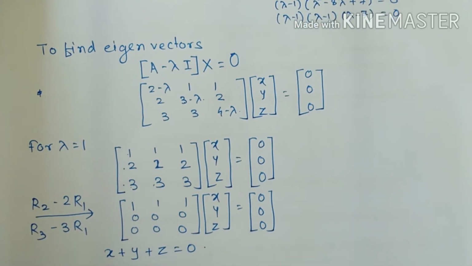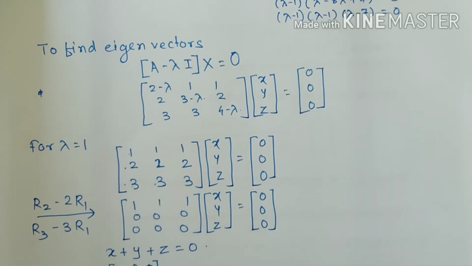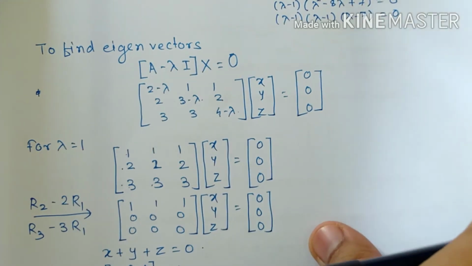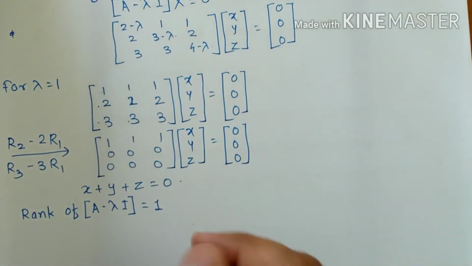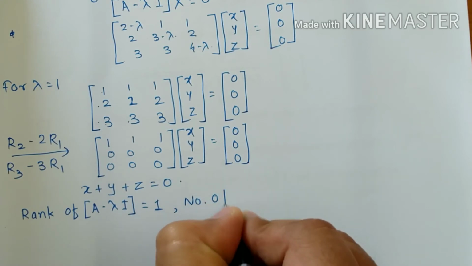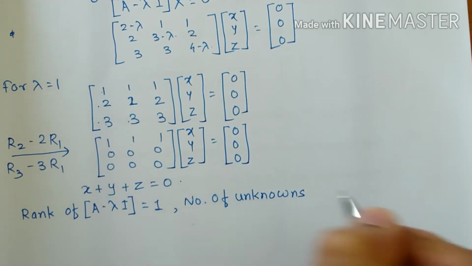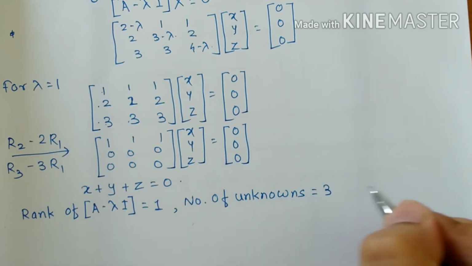Now here the rank of the A minus lambda I matrix is, see, there is only one non-zero row present, so the rank is 1. Okay. Now the number of unknowns is equal to 3.